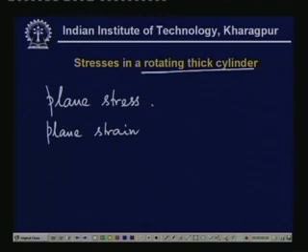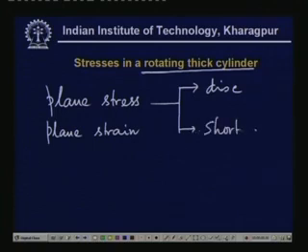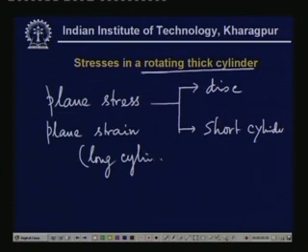Plane stress is for a short cylinder or disc, and plane strain is for a long cylinder. Now how to calculate the stresses? Then we revert to the same procedure, by first finding the equilibrium equation.